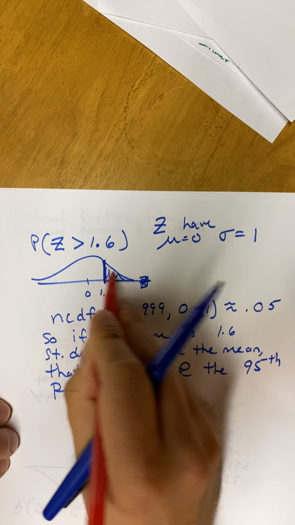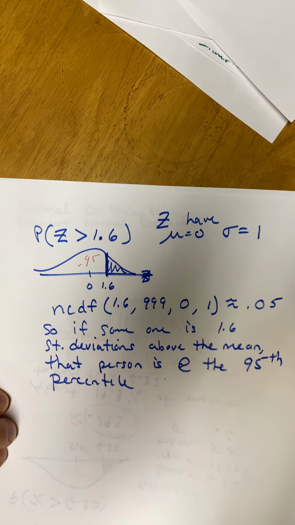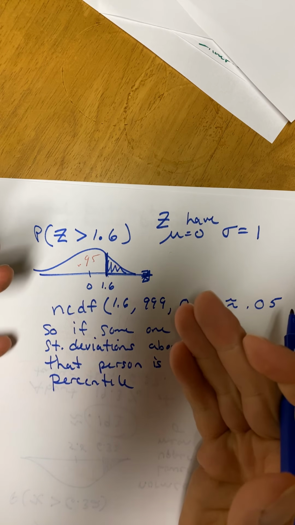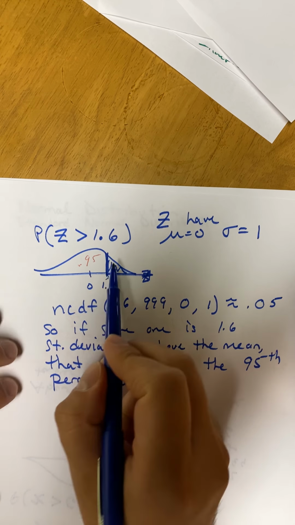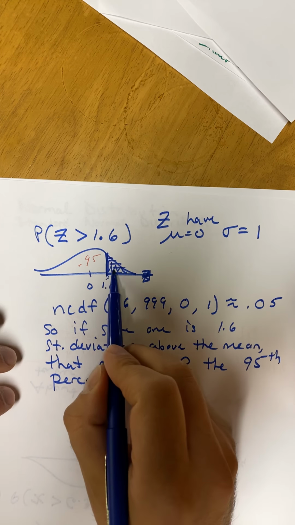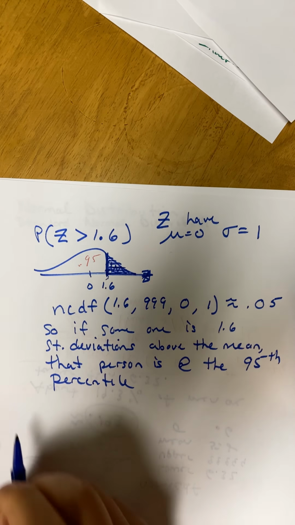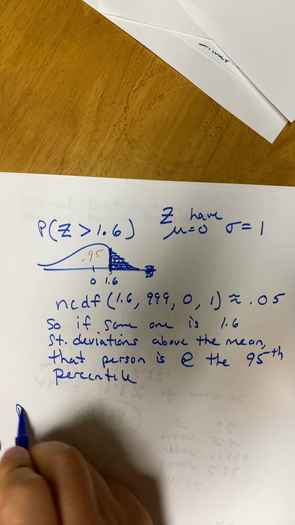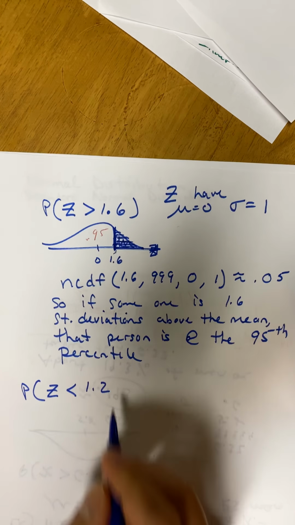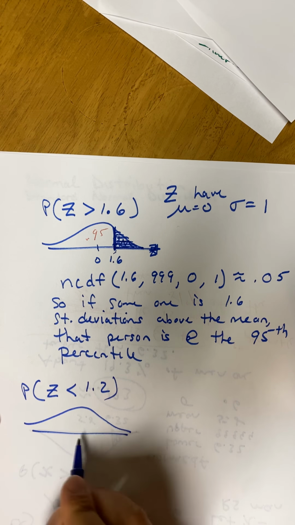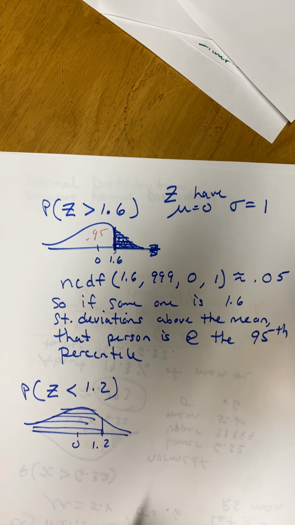Because if that's 0.05, then that's 0.95, because it has to add to 1. A z-score of 1.6 means that person's 1.6 standard deviations above 0. And the area under the curve is 0.05, which means that person is in the top 5% or the 95th percentile. So if I said z is less than 1.2, it's going to be that.